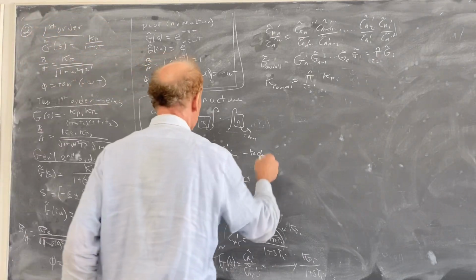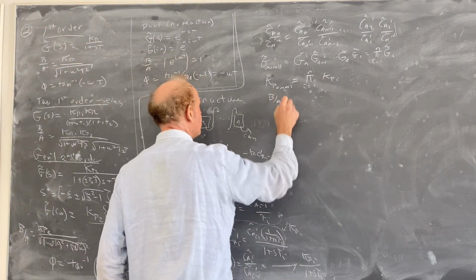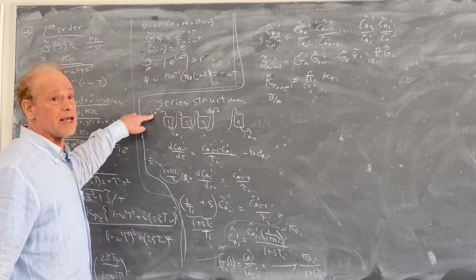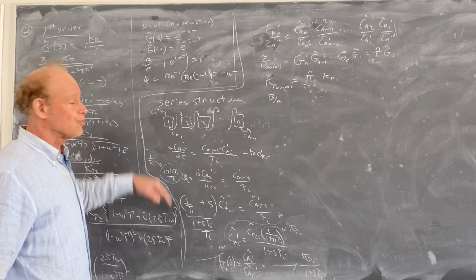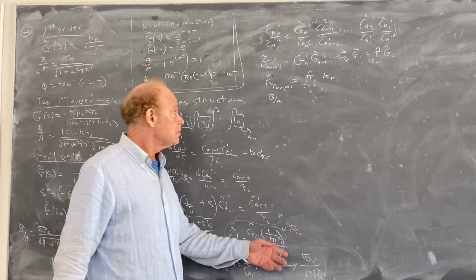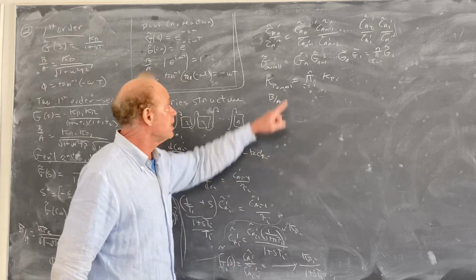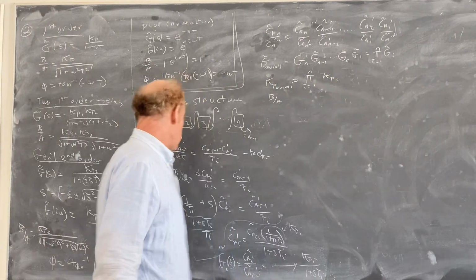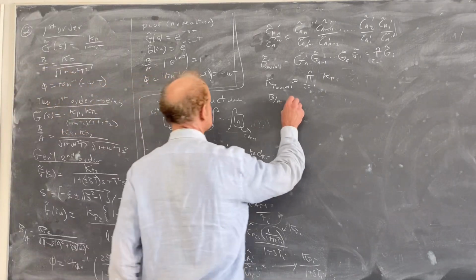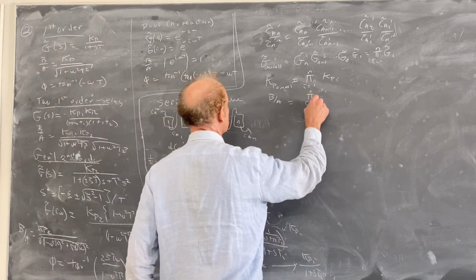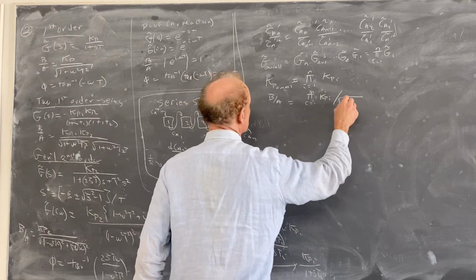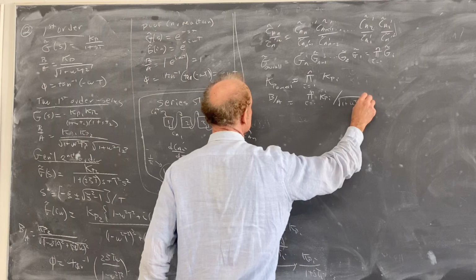Similarly, B over A, the amplitude ratio, in this case the amplitude of the output over the amplitude in, if I have a sinusoidal input, is just equal to the product of the amplitude ratios of each of the individual ones. And we know the amplitude ratio of each individual one looks like this. So this is equal to the product, i equals 1 to n, of KPi divided by the square root of 1 plus omega squared Ti squared.